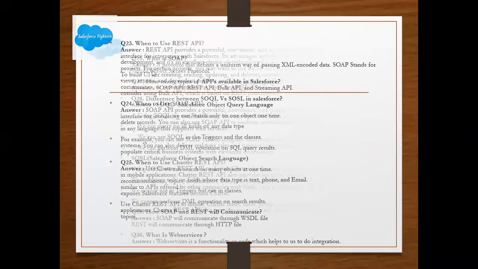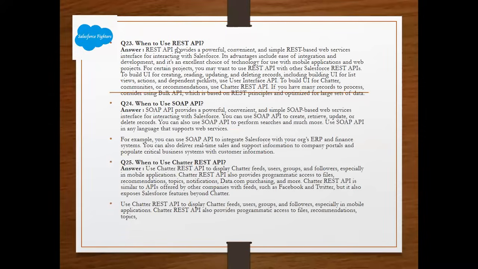Next question: when to use REST API? REST API provides a powerful, convenient, and simple REST-based web services interface for interacting with Salesforce. Its advantages include ease of integration and development. It is an excellent choice of technology for use with mobile applications and web projects.